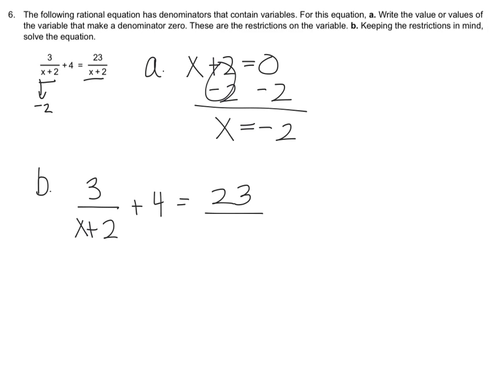Now I have a denominator of x plus 2 in two of my expressions. So I want to get rid of the denominator in order to solve. In order to do that, I'm going to multiply the entire equation by x plus 2. That means I need to distribute the x plus 2 to each term in the equation.